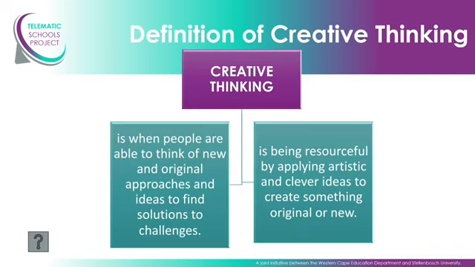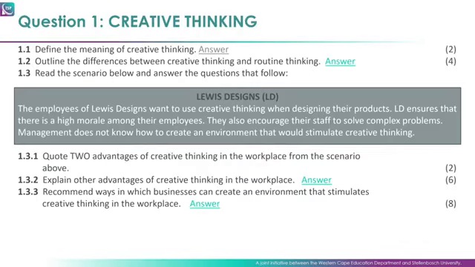You can also use the definition on the right-hand side. Creative thinking is being resourceful by applying artistic and clever ideas to create something original or new. All right, so you can expect a question like that coming up in November. Right, the second one, outline the differences between creative thinking and routine thinking.